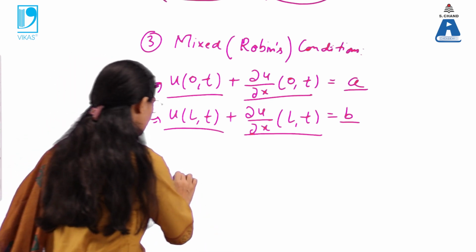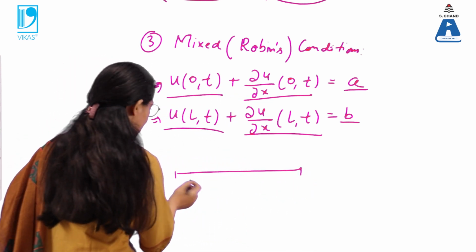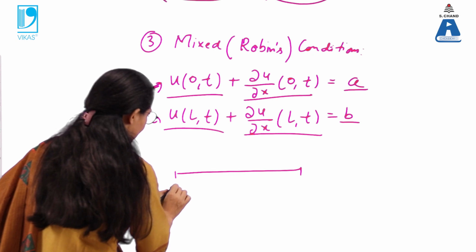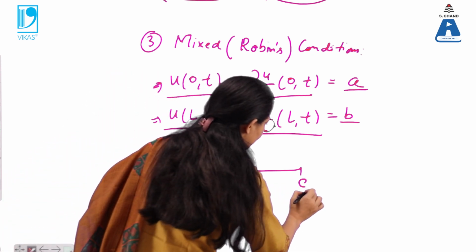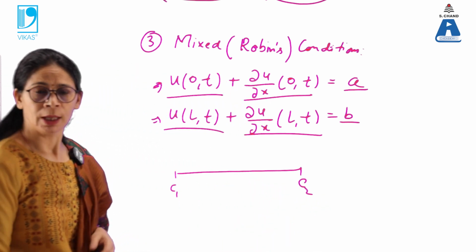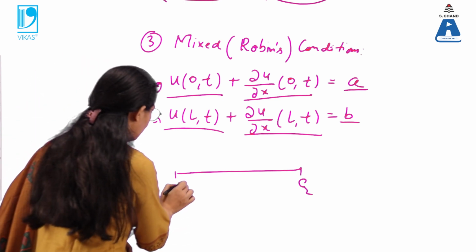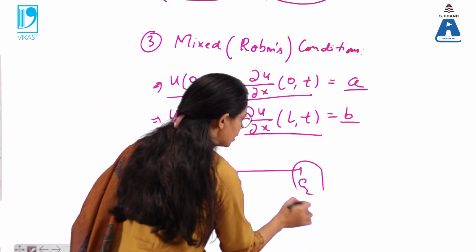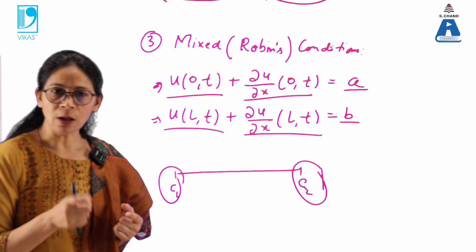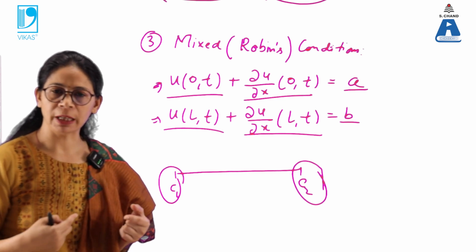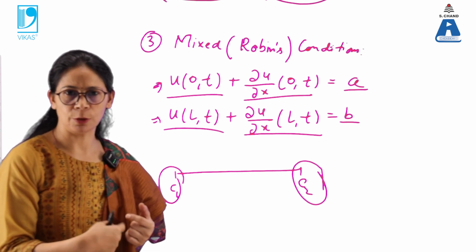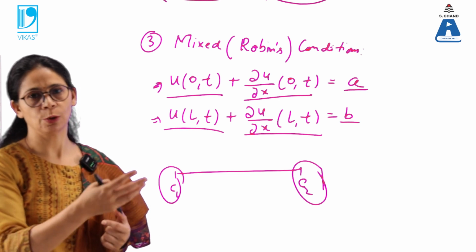It is also possible that this is starting at C1 and this is starting at C2. In that case, the conditions will be given at C1 and C2. So it is not necessary that one should be given at x equal to 0 and another at x equal to some other value.